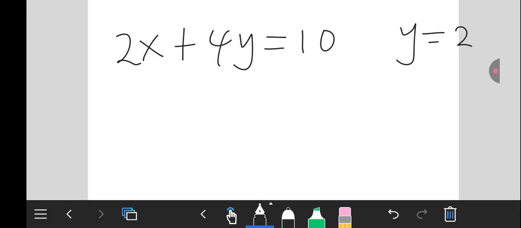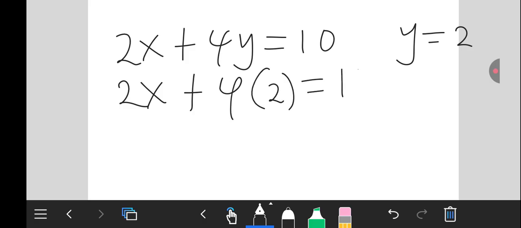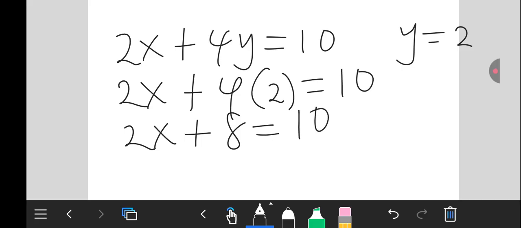So we're going to substitute where there's y, we substitute 2. So it will be 2x plus 4 times 2 is equal to 10, so 2x plus 8 is equal to 10.